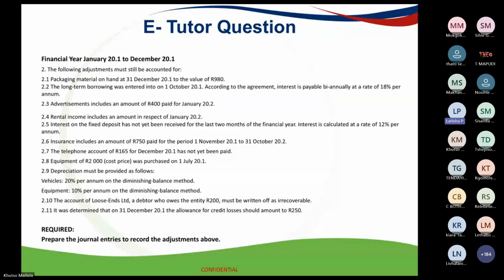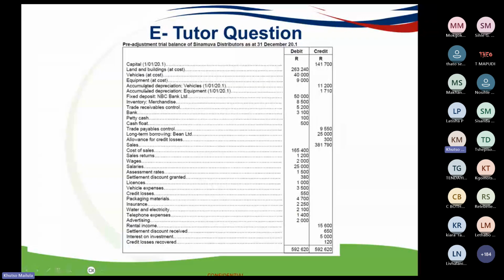We have another one on vehicles saying take 40,000 minus 11,200 times 20%. I think we can take it now. With vehicles and equipment, we should remember that vehicles at cost was 40,000 Rand, and accumulated depreciation opening balance was 11,200.